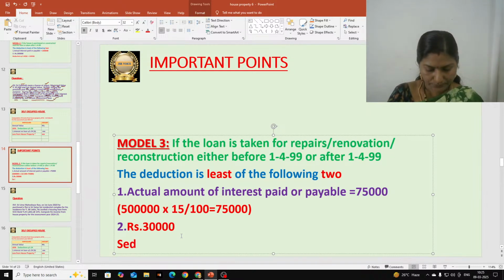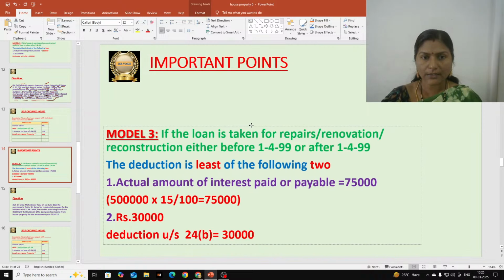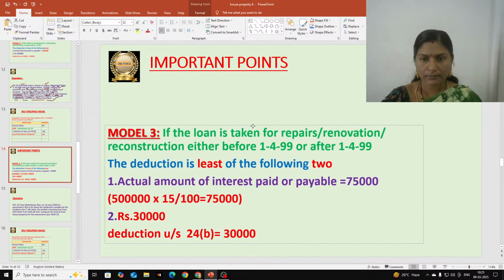Deduction under section 24 subsection B is equal to 30,000 rupees. So the deduction is how much? It is 30,000 rupees, students.